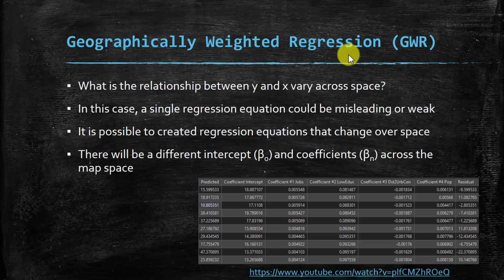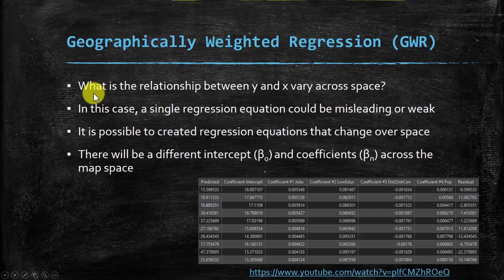But what if you had spatial autocorrelation, or that the relationship between your x variables and your dependent variable y actually varies across space? Well, in that case, it would be better if we could actually have local measures or local regression equations instead of a global regression equation. And that's what geographically weighted regression allows us to do.